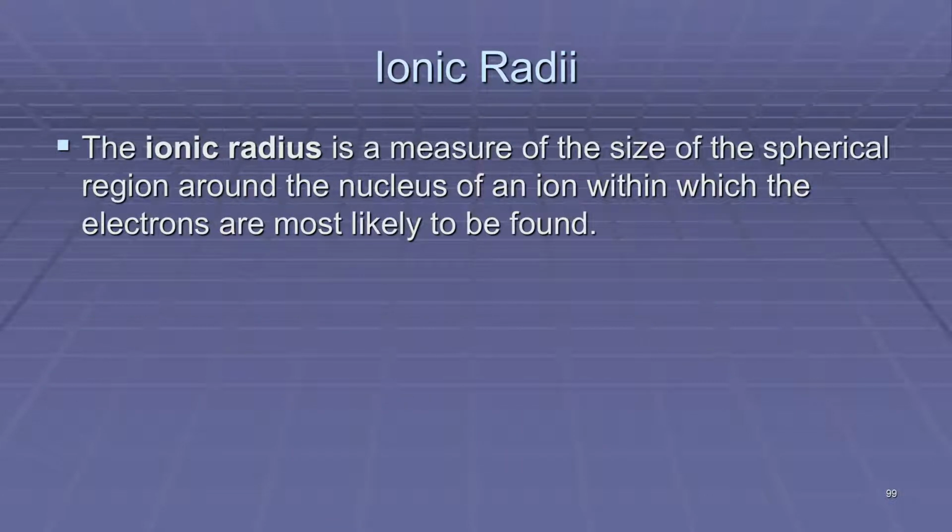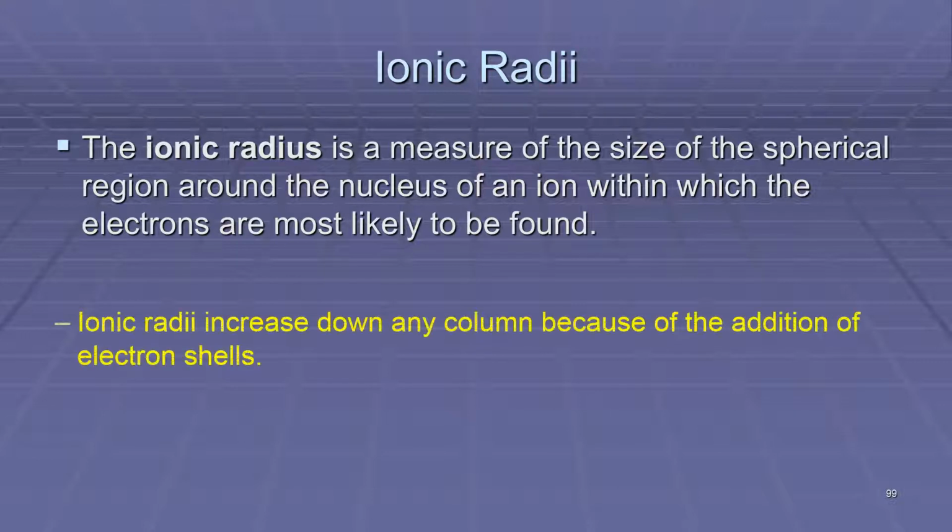All right, just again, a few more things to tie up. Ionic radius: we already talked about atomic radii. The ionic radius is a measure of the size of the region around the nucleus, so basically from the center of the atom to the farthest electrons, the outer shell electrons.